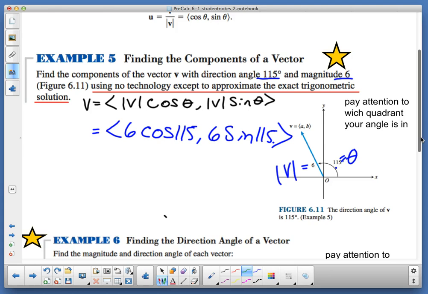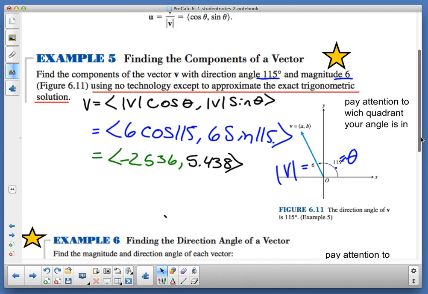I'm just going to check my mode real quick. Yep. Negative 2.53, and everything should be to the thousandths. And then in my next one, got my sine of the same thing. I got 5.438. Questions regarding? We doing okay?